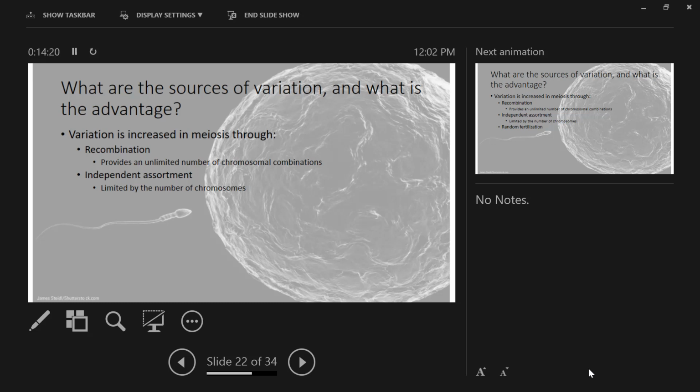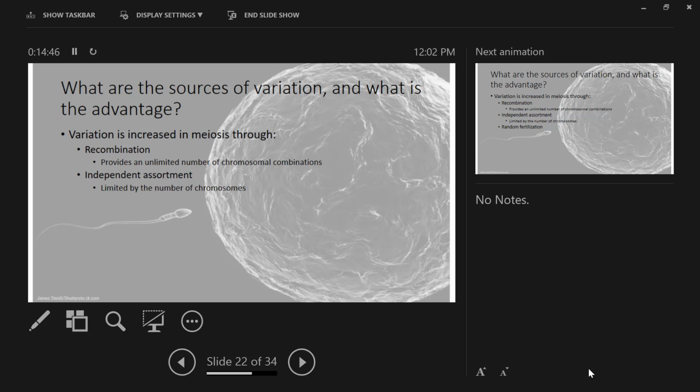Okay, so our number of combinations depends on our number of chromosomes. Because at this position here, how many options do we have? We've got 2. The paternal could be on the left or the maternal could be on the left. We have 2 options at this location on how our chromosomes can be positioned. How many options do we have here? 2. How many options do we have here? 2.